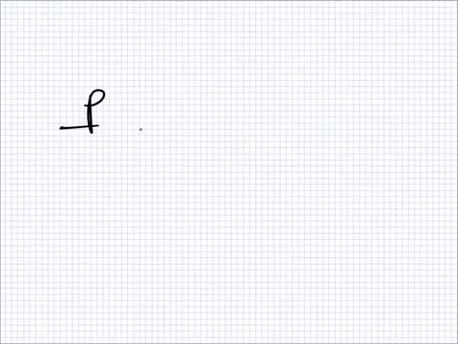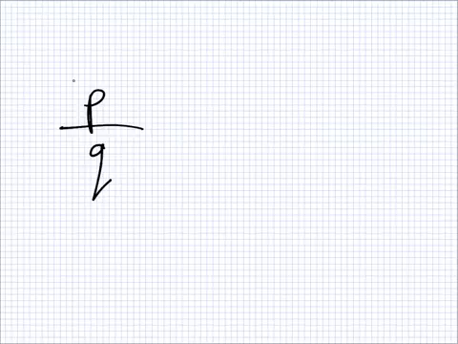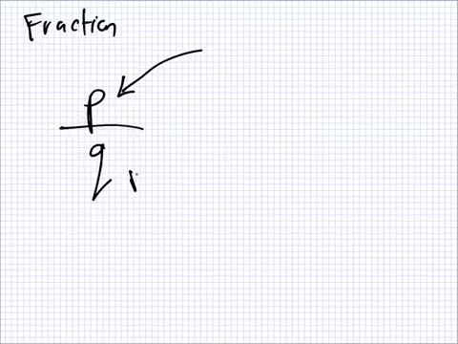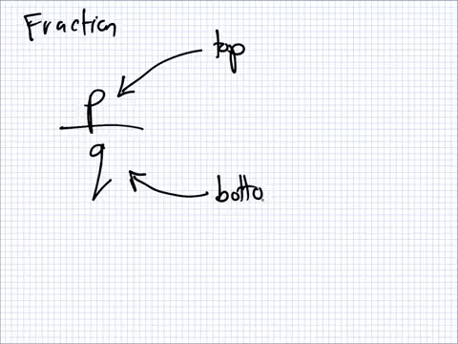Right, so this is a fraction. The top has a name and the bottom has a name. So I said top and bottom, but there's another word for them. Does anyone know?